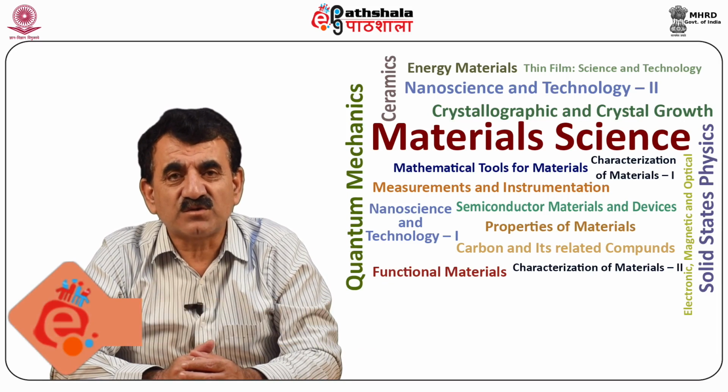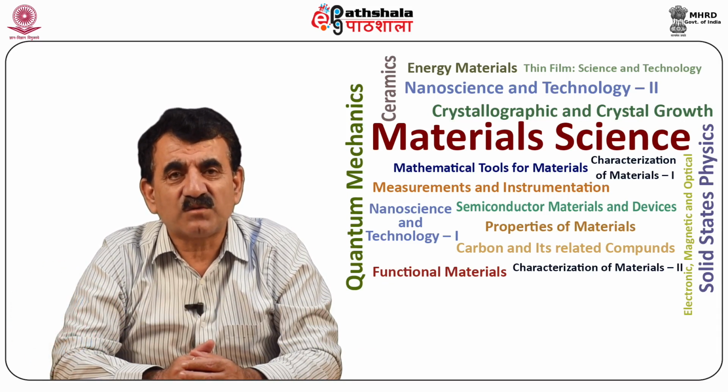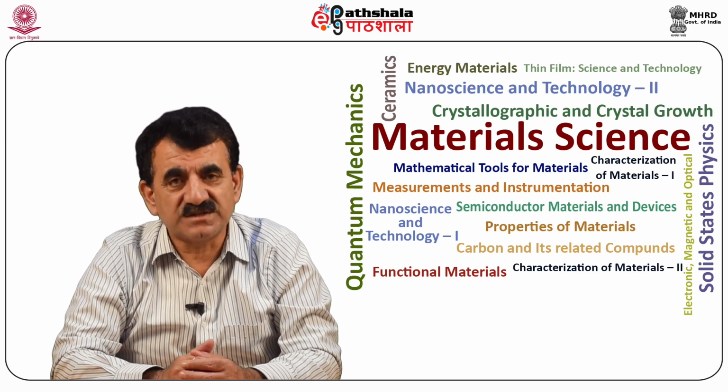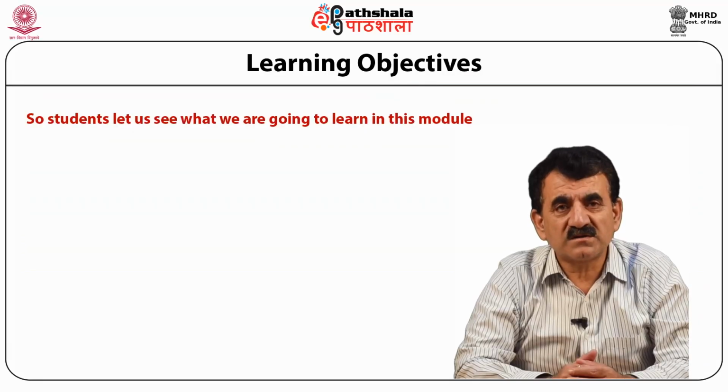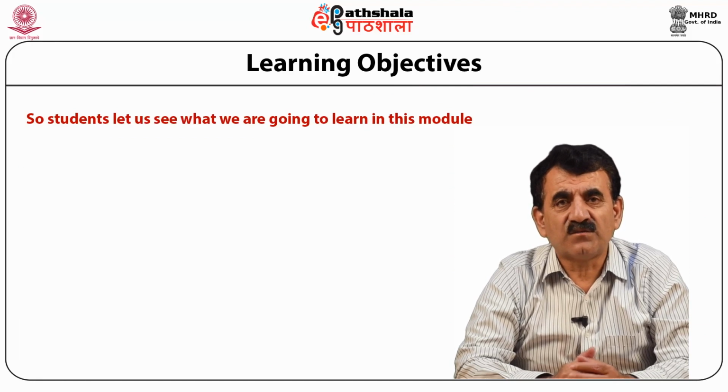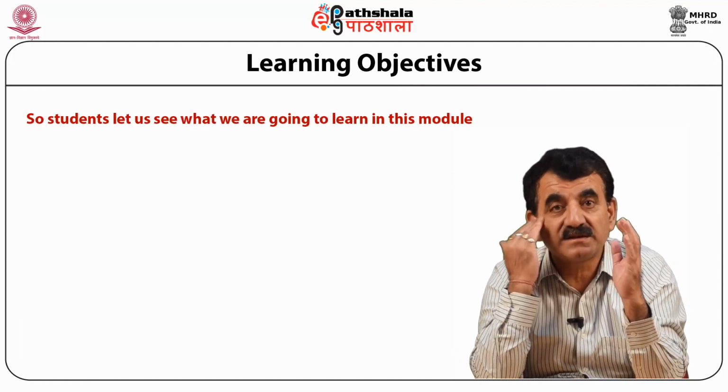Today we are going to talk on the module Magnetic Properties of Solids, first under the paper Solid State Physics. So students, let us see what we are going to learn in this module.